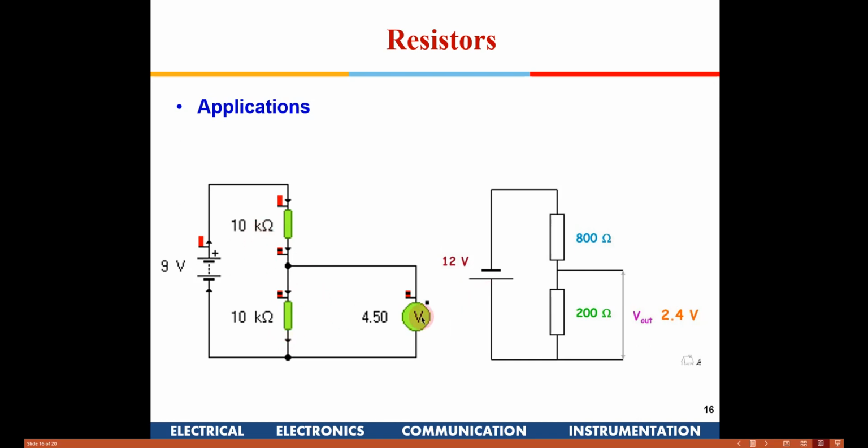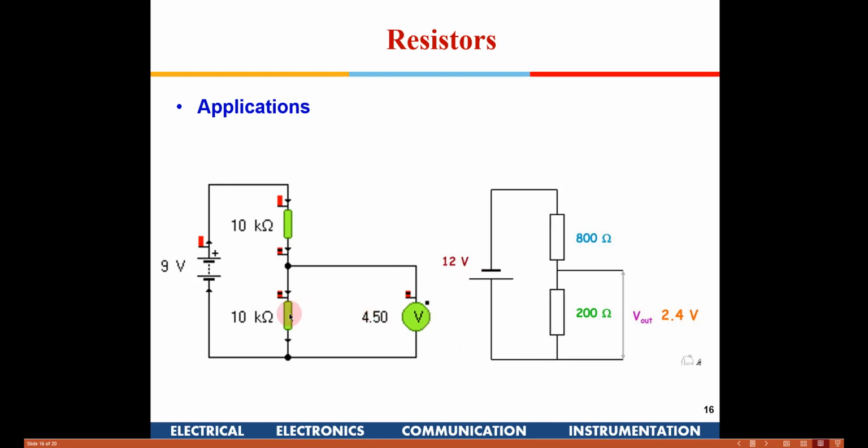It depends on what kind of load you are going to connect. Suppose I use 10k and 10k out here, and I am going to use a 10 mega ohm load resistance. That 10 mega ohm comes in parallel with this 10k, so it is not going to change the effective resistance much, and the voltage will more or less remain 4.5 volts. But suppose I use 100 ohms as a load resistor.